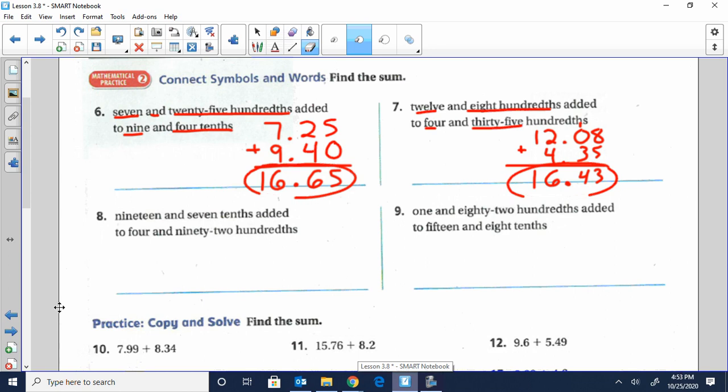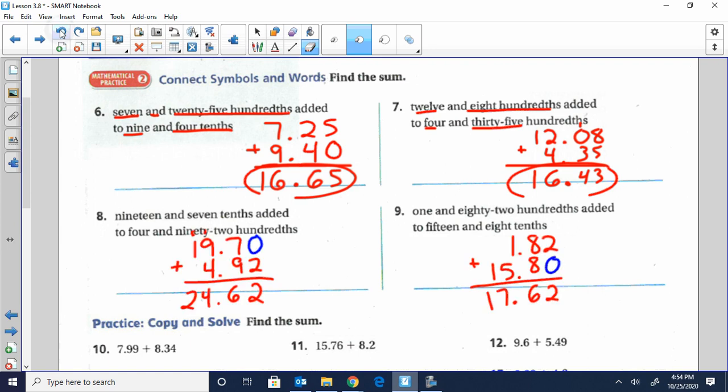All right, let's go ahead and check this. For number 8, you had 19 and 7 tenths added to 4 and 92 hundredths. And number 9, 1 and 82 hundredths added to 15 and 8 tenths. We can go ahead and look at this. 19 and 7 tenths, we added a 0 and made it 19 and 70 hundredths.